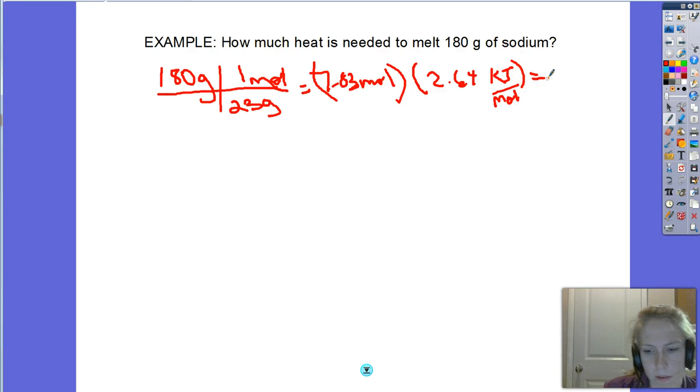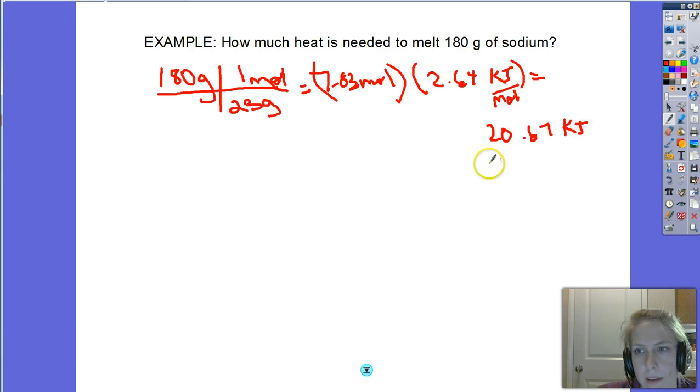And if we use our handy dandy calculator, 7.83 times 2.64 is going to give us 20.67 kilojoules of heat required.